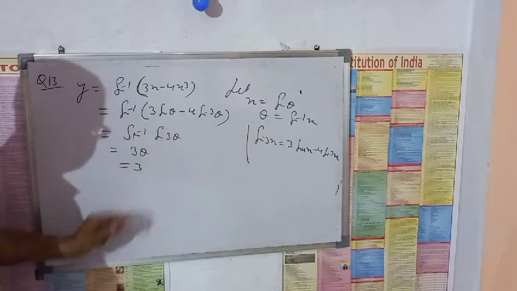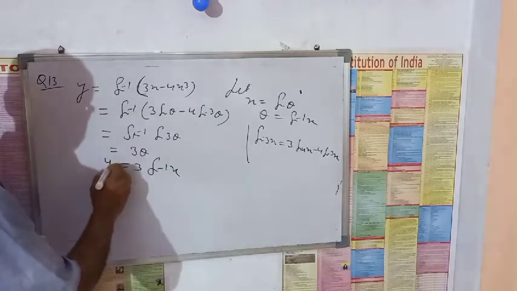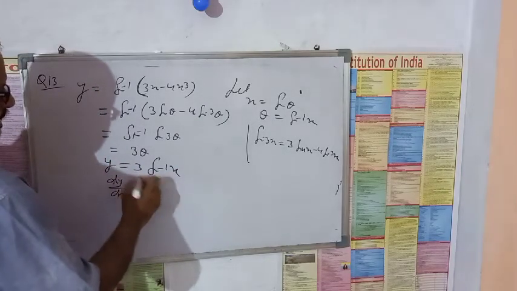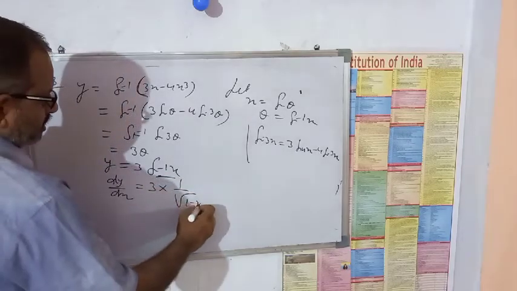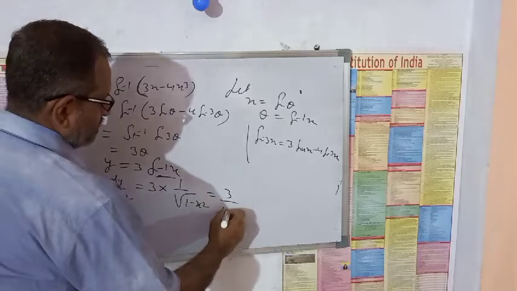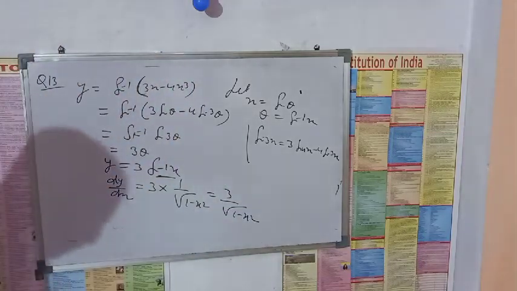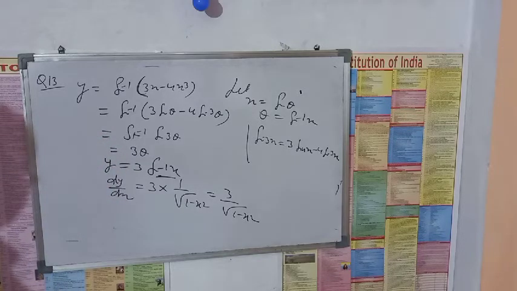So 3 sine inverse x. Now differentiate it. 3 is constant. What is derivative of sine inverse x? 1 upon under root 1 minus x square.